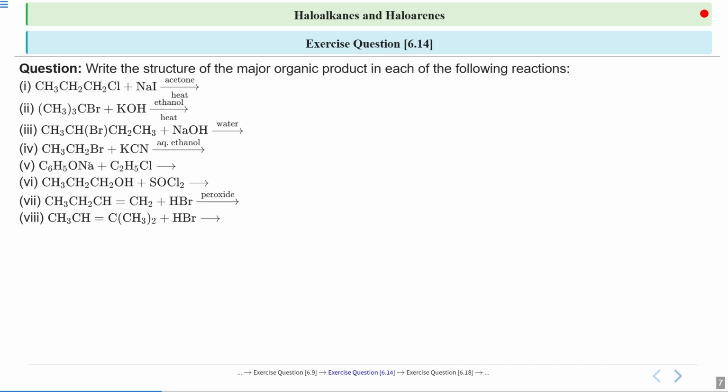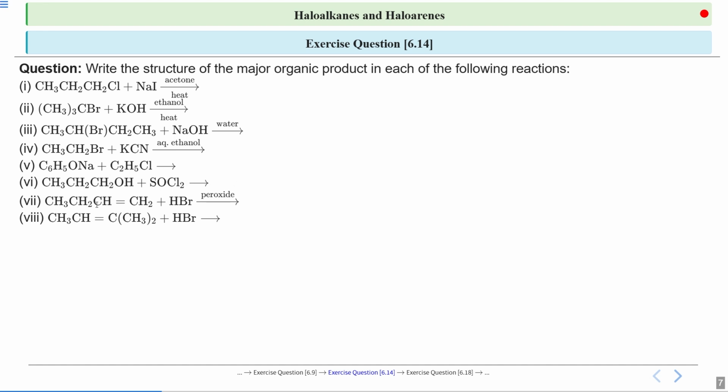Fifth, C6H5ONa. Now this is a benzene ring, okay, sodium. You can say ONa is connected with the benzene ring, plus C2H5Cl. Then what will be the major organic product you will get, that you have to tell. Sixth part, CH3CH2CH2OH. This is an alcohol, plus SOCl2. What will be the major product?